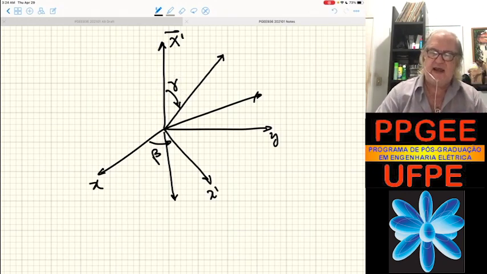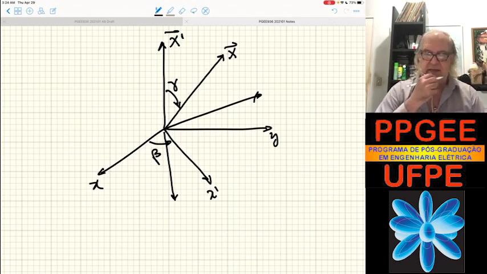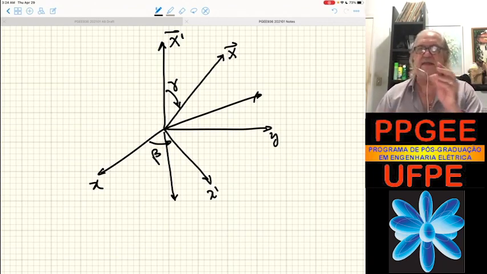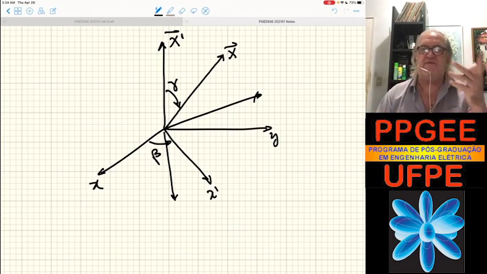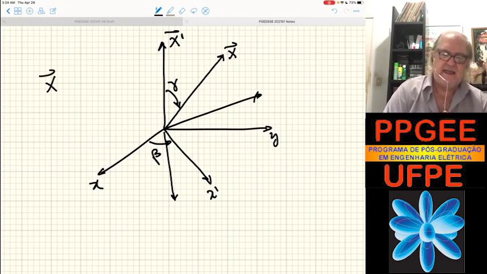So you have x prime, then I produce x by doing this. So x and x prime have an angle of gamma. If I want to look at the two different coordinate systems, x depends on theta or phi, and it can also depend on gamma and beta, right?